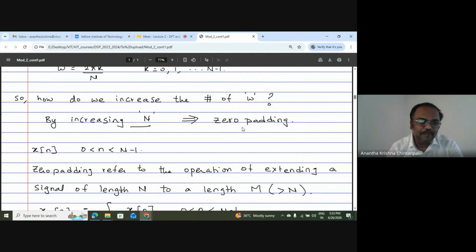What we do here is, given x of n, where n goes from 0 to N minus 1, inclusive, make sure that you do that.